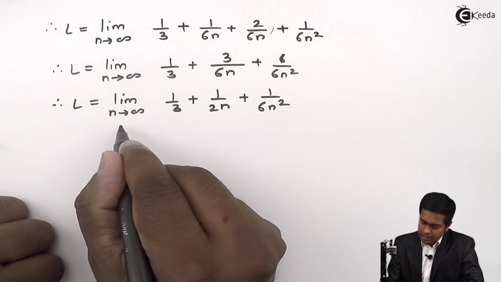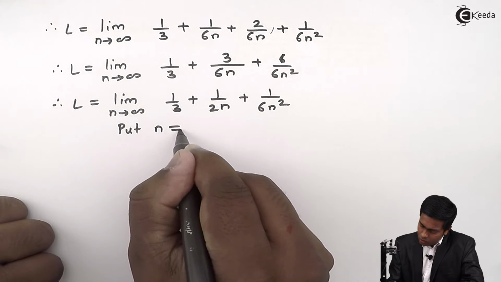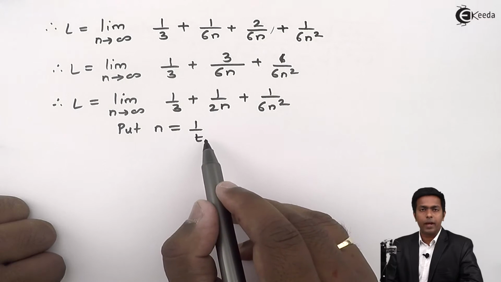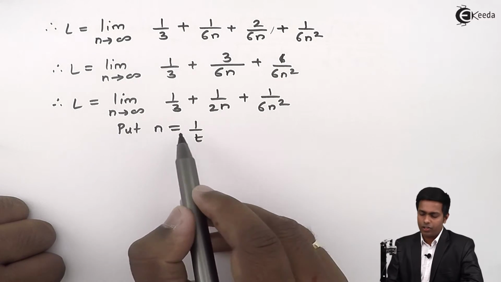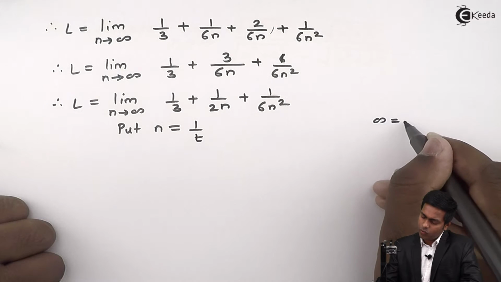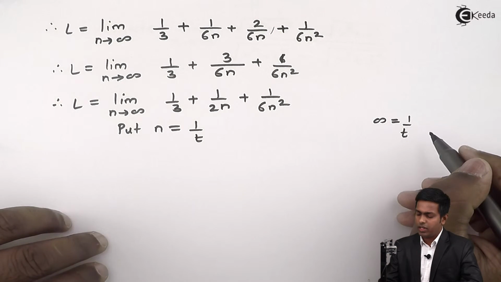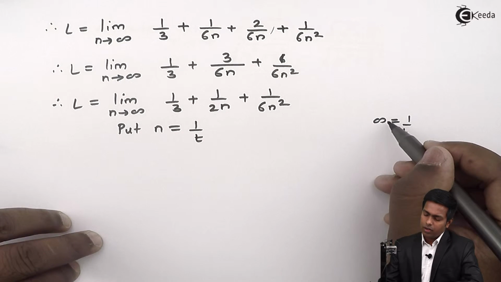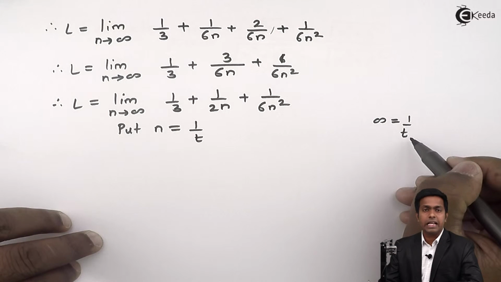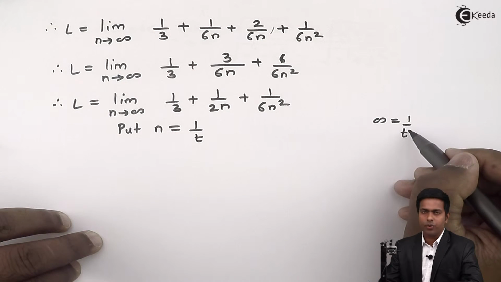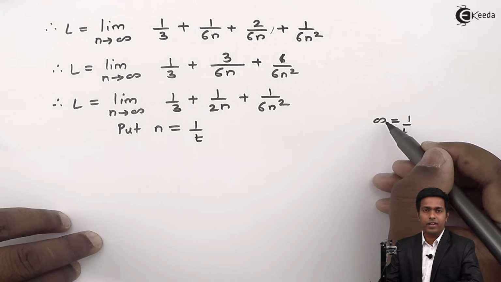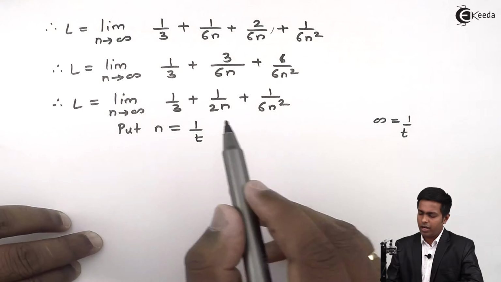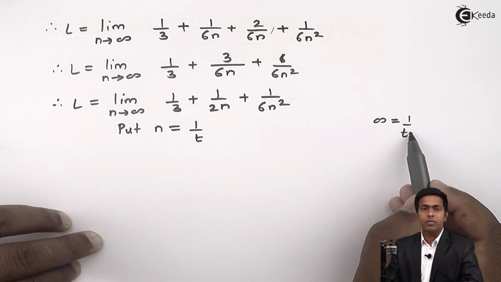Now after simplification, since we have limit n tends to infinity, we put n as 1 upon t. As we put n equals 1 by t and n tends to infinity, we get infinity equals 1 by t, and we all know that whenever we get the answer as infinity, it is possible if the denominator is 0. So when t is 0, 1 upon 0 will be infinity. So when n tends to infinity, t becomes 0.